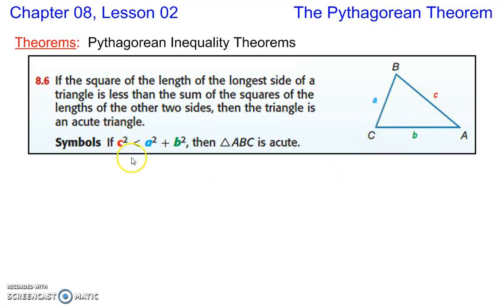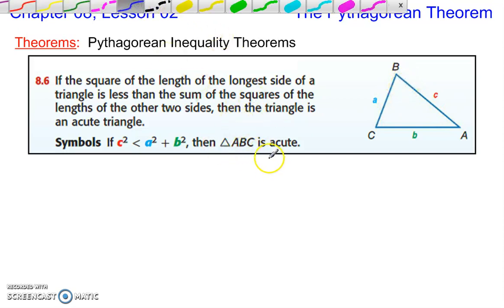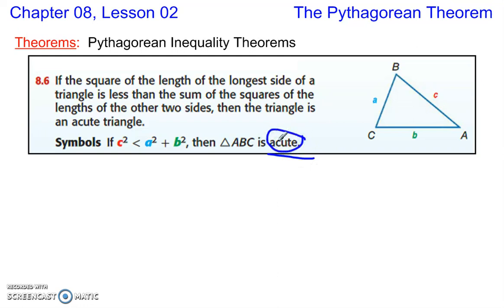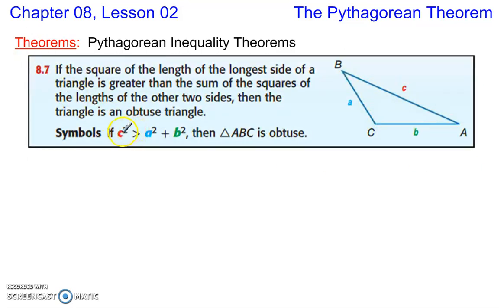If I take the longest side and square it, and that's less than the sum of the squares of the other two, then it is an acute triangle. And on the flip side, if c squared is greater than the sum of the other two squares, then it is obtuse.